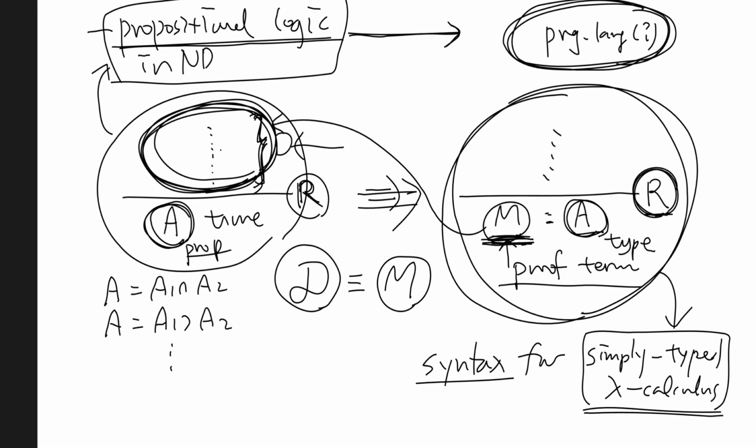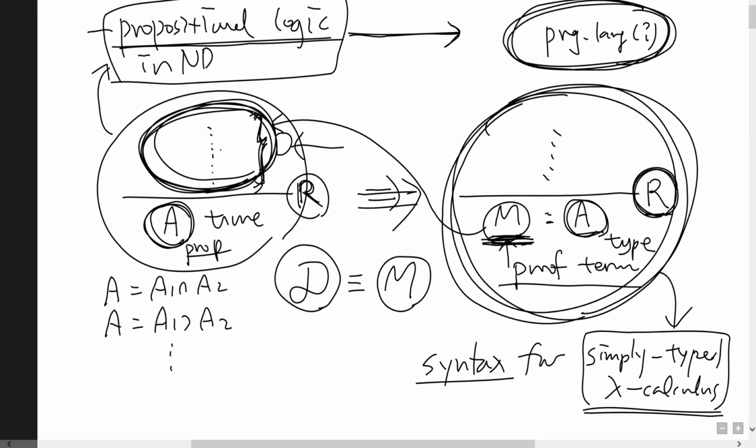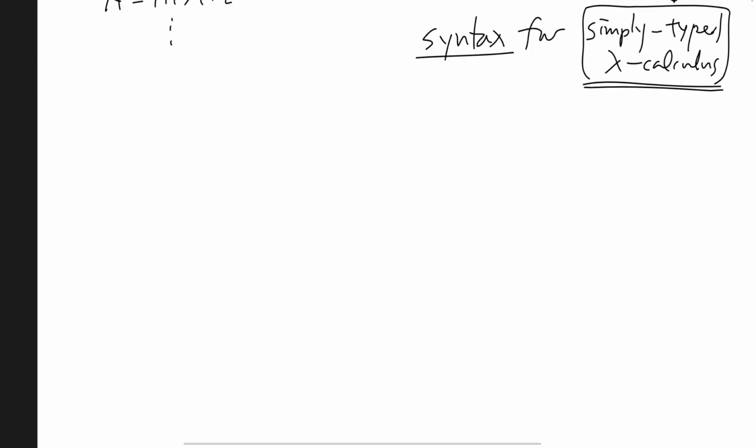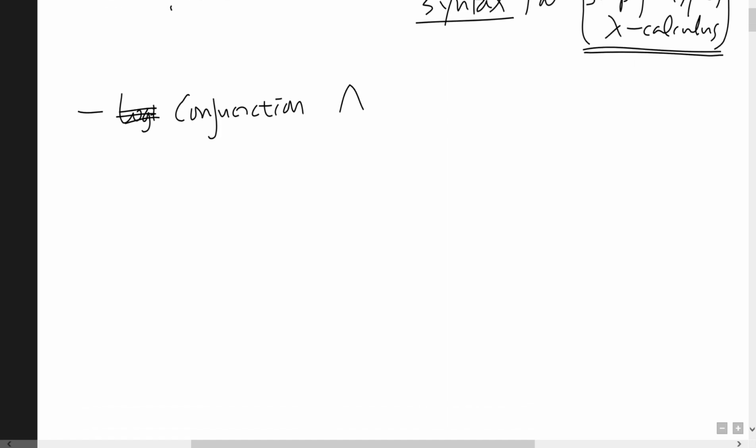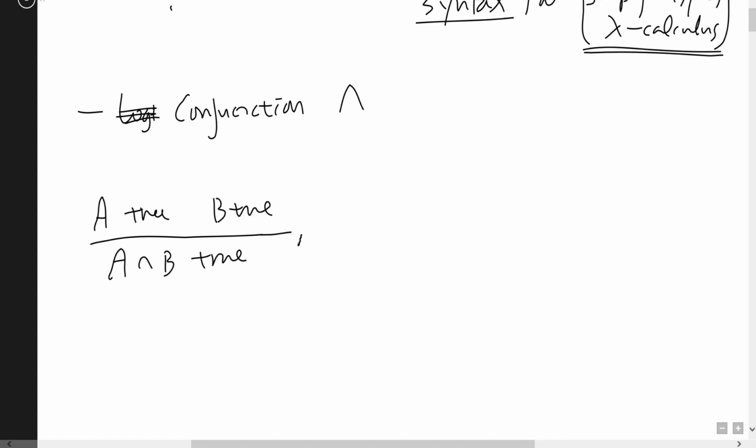So let's derive these inference rules by considering each logical connective individually. The first is logical conjunction. So we have this introduction rule, the conjunction introduction rule, with premises A true and B true.